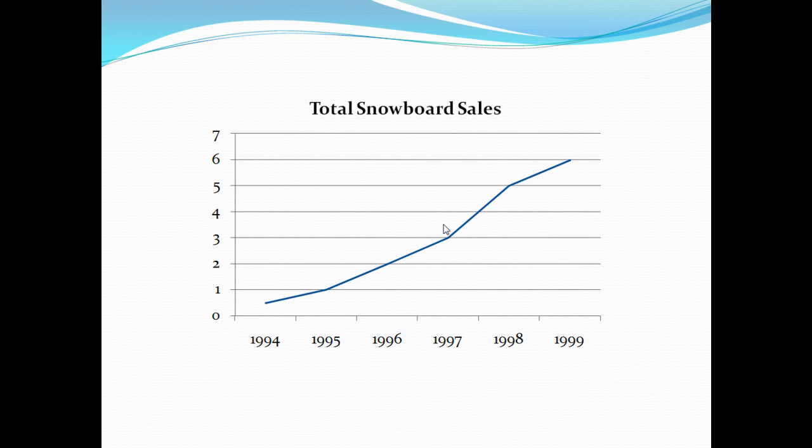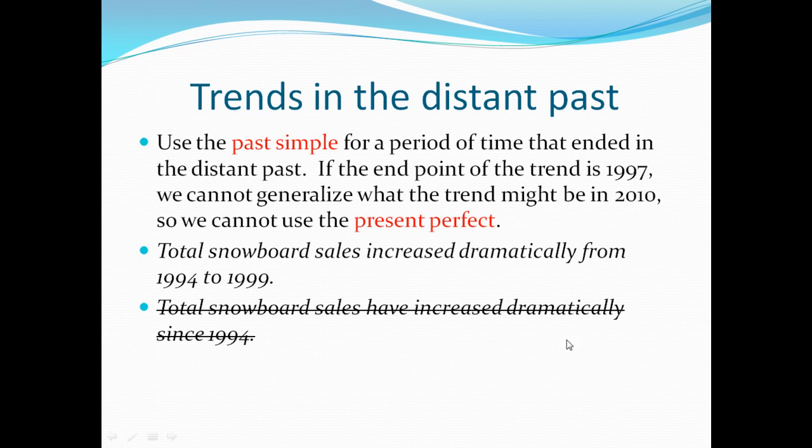Let's take a look at a slightly different graph. We're still talking about total snowboard sales, but in this case the graph goes from 1994 to 1999. Here we definitely want to use the past simple. Use the past simple for a period of time that ended in the distant past.